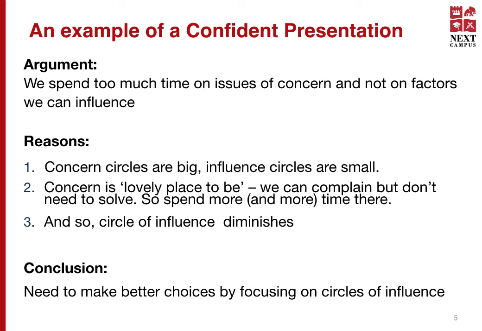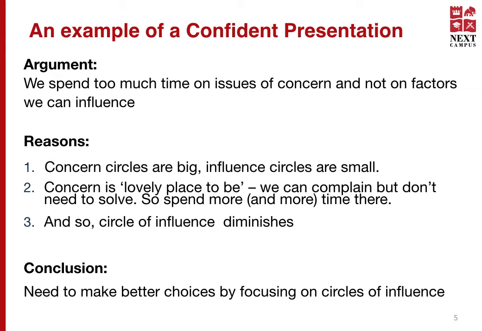A confident presentation, not necessarily verbal, but even written, must have an argument, reasons, and a conclusion. In this example, the argument is that we spend too much time on issues of concern and not on factors we can influence. The author has then provided three reasons. 1. Concern circles are big, influence circles are small. 2.